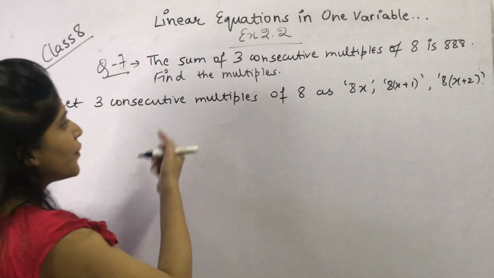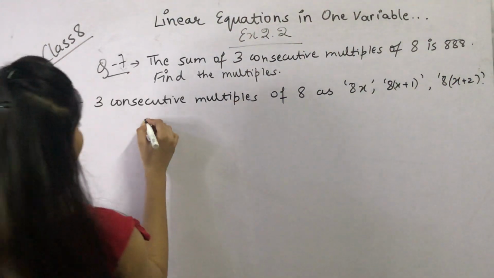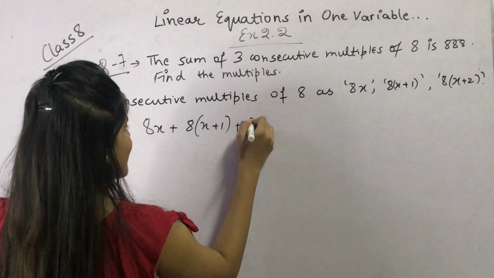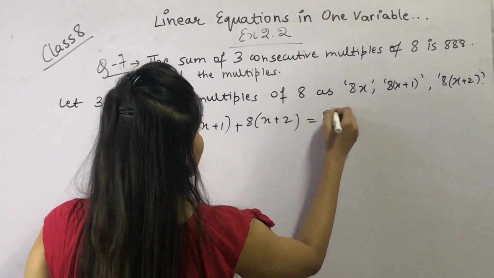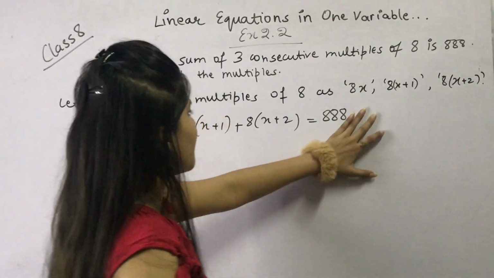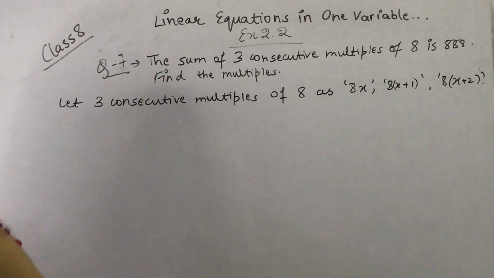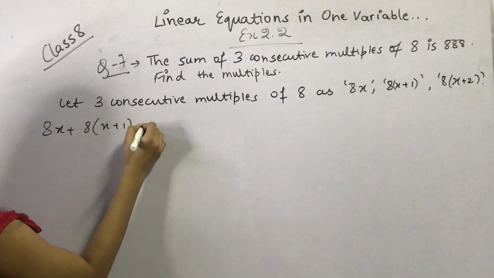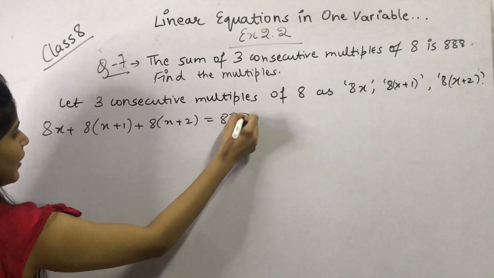Now we know that the sum of all these 3 numbers is 888. So 8x plus 8(x+1) plus 8(x+2) equals 888. Okay, now the equation is formed. Now we will solve the equation. Let's write this here: 8x plus 8(x+1) plus 8(x+2) equals 888.